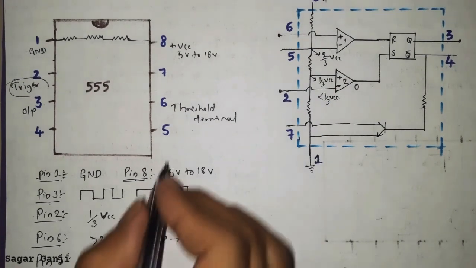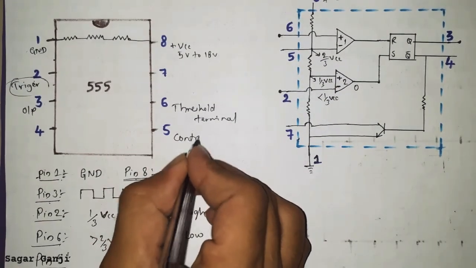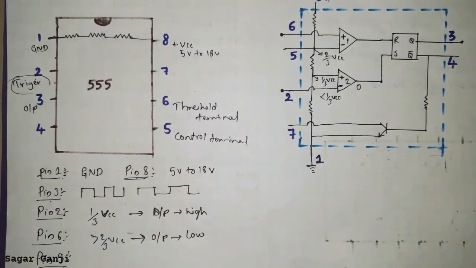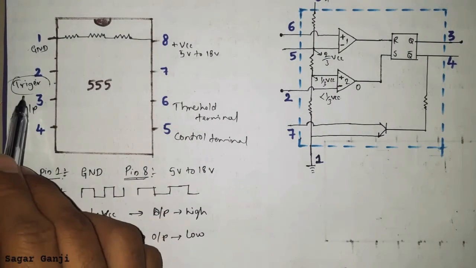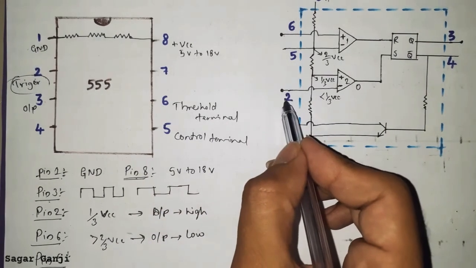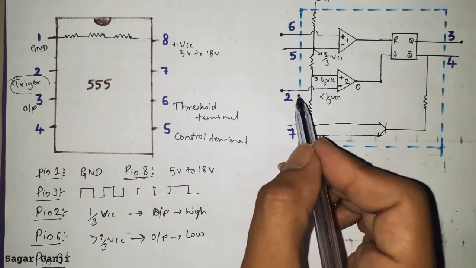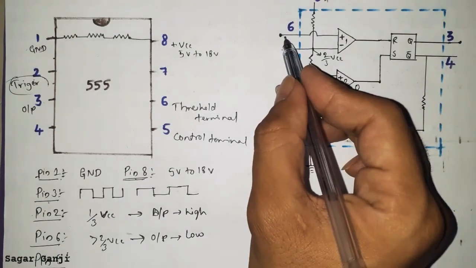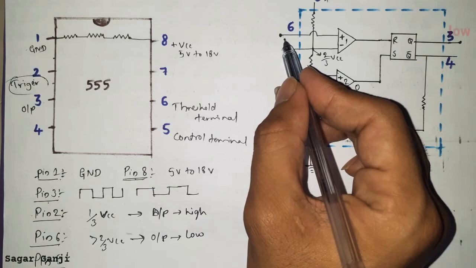Pin number 5 is called the control terminal. It is called a control terminal because it controls trigger and threshold values. As I said, when I apply less than 1 by 3 VCC, the output becomes high, and when I apply more than 2 by 3 VCC at pin number 6, the output becomes low.